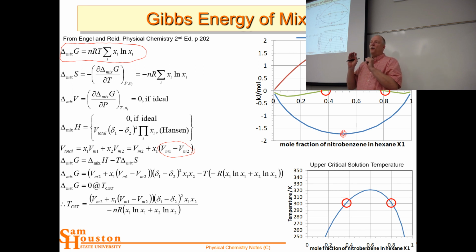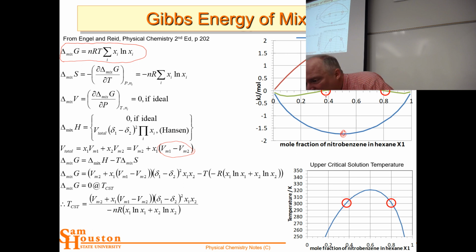Notice they're not pure nitrobenzene and pure hexane, because these circles are not all the way over here at 1 and 0. So even though we say this is the hexane-rich phase, it's almost 40% nitrobenzene. You see that? And then over here, this phase we call the nitrobenzene-rich phase, it's 20% hexane.